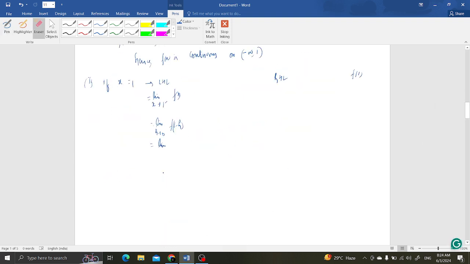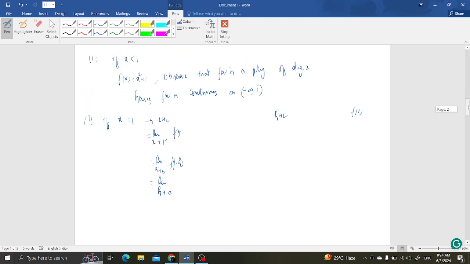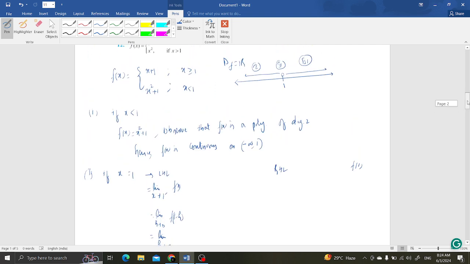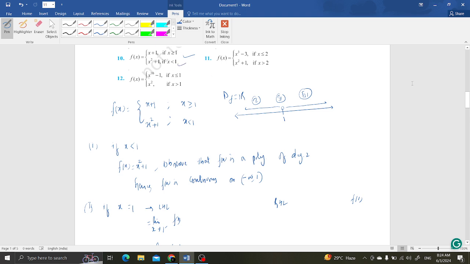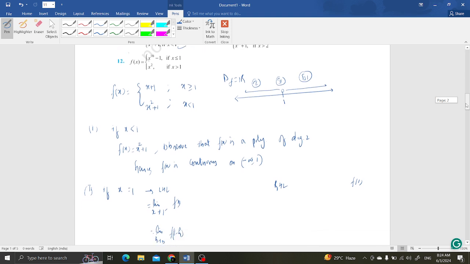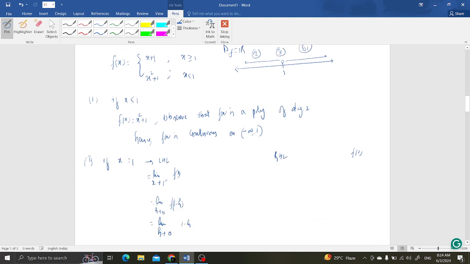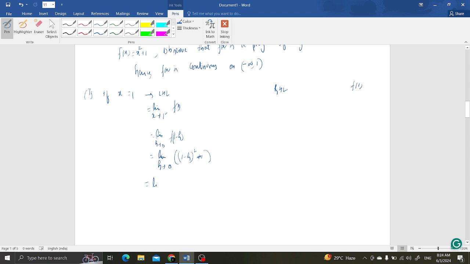Now by which piece do we need to find its value? By the second piece, because 1 minus h lies in the second piece, that is (1 minus h) whole square plus 1. Now if we open it, what do we get? Limit h tends to 0, 1 plus h square minus 2h plus 1, and we are getting 2.